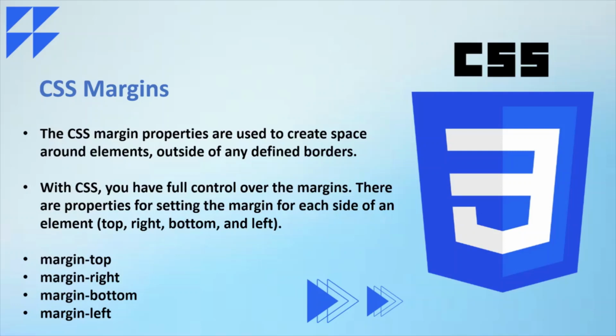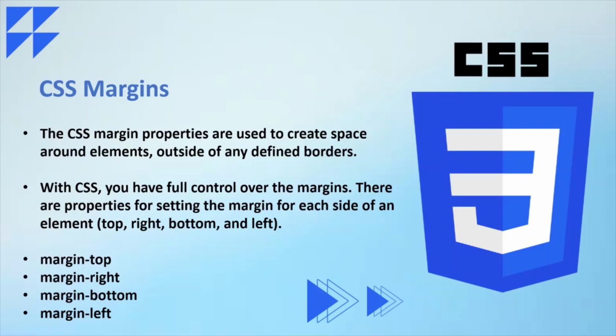The CSS margin properties are used to create space around elements outside of any defined borders. You can see that it is mentioned over here, outside of any defined borders. So margins are the space outside the borders. With CSS you have full control over the margins. There are properties for setting the margin for each side of an element, that is top, right, bottom and left.